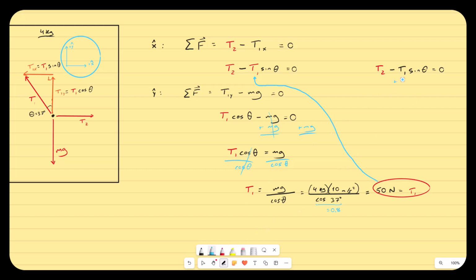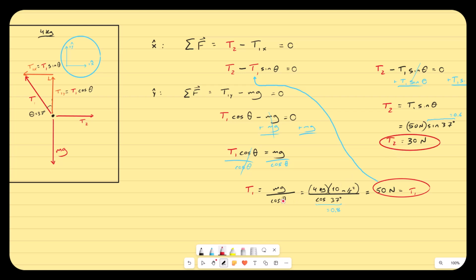I'm going to add my T1 sine theta to both sides, and I get T2 equals T1 sine theta. So it equals 50 newtons times the sine of 37 degrees. The sine of 37 degrees is 0.6, or 3/5. So this is 30 newtons for T2.